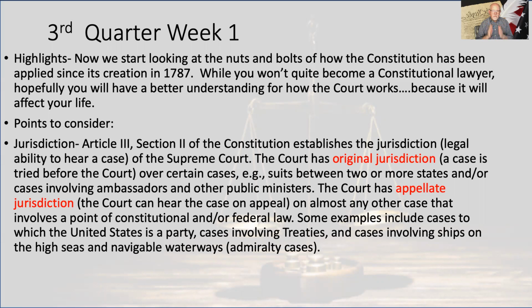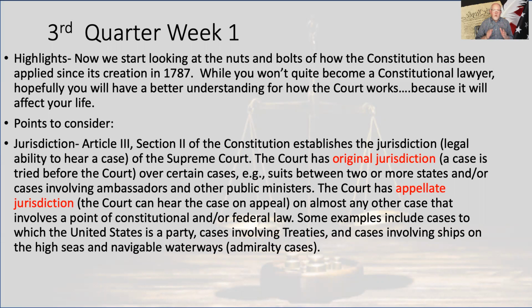The most important article in terms of the court is Article 3, Section 2, which establishes the jurisdiction, or the legal ability to hear a case, of the Supreme Court. And again, here the founders are pretty clear. They divide the roles and responsibility of the court into two cases.